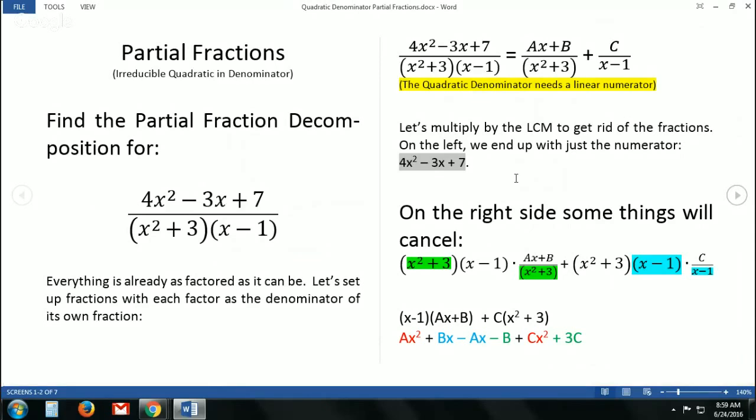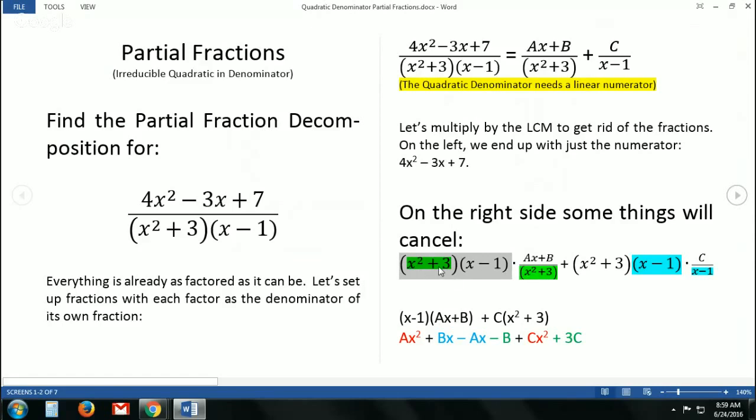So the left-hand side, once we've multiplied by our lowest common multiple, will be just 4x squared minus 3x plus 7. Now on the right-hand side, as we multiply through by that lowest common multiple, x squared plus 3 times x minus 1, there are going to be some things that cancel out for us. As we multiply the first fraction, notice that the x squared plus 3's match up and will cancel out.